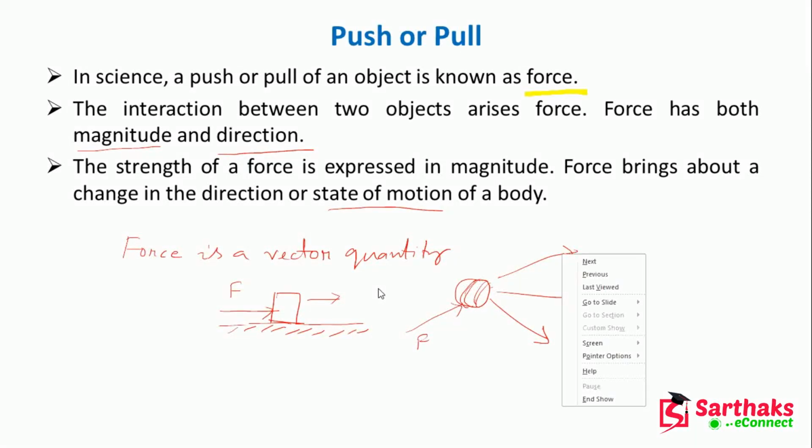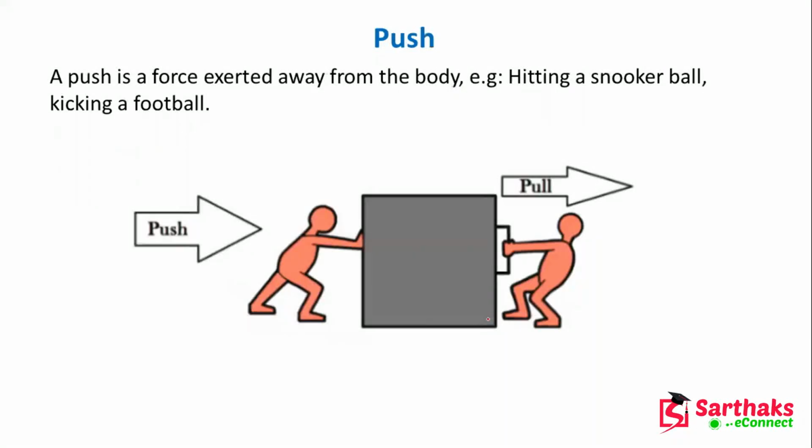If I am applying the force in this direction, then it will move in this direction. So whatever the direction of the force, that decides in which direction the object will move, right? Here you can see two persons. One is the push, another is the pull.